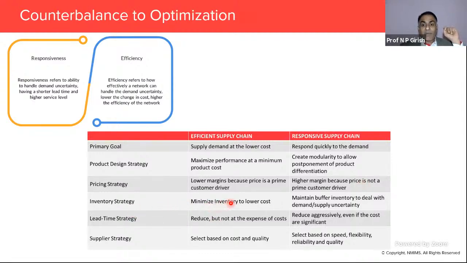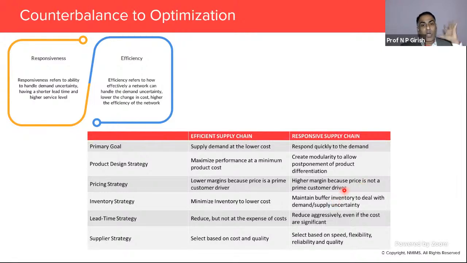Inventory, minimum inventory cost in the efficiency. Efficiency is all about the cost, keeping it as minimum as possible. Responsiveness, buffer inventory. Why? To deal with demand supply fluctuation. This need not be the finished goods inventory. This can be the module inventory as well. It can be a raw material inventory. It can be capacity inventory.